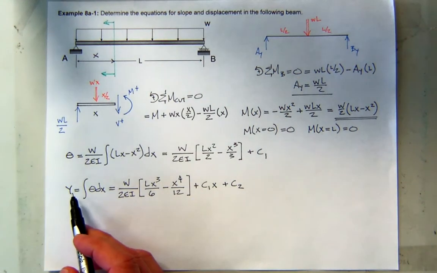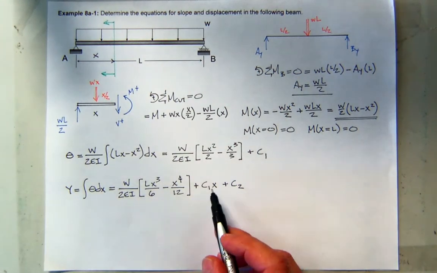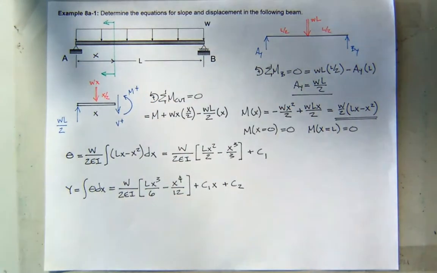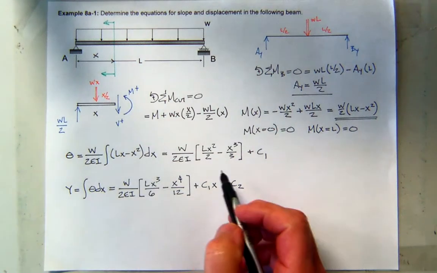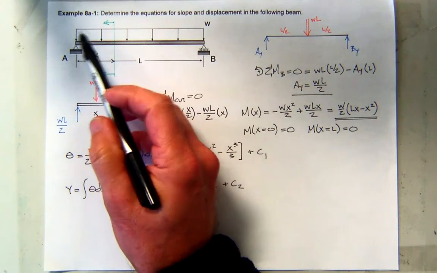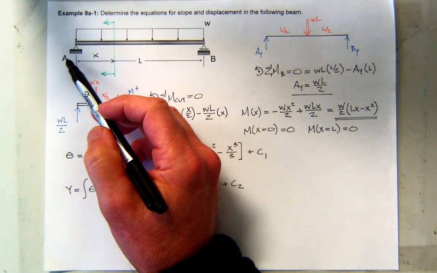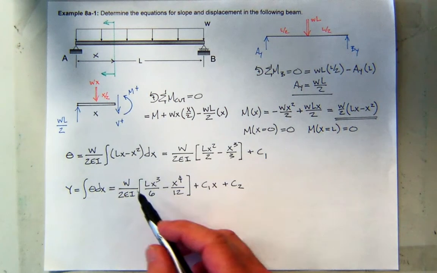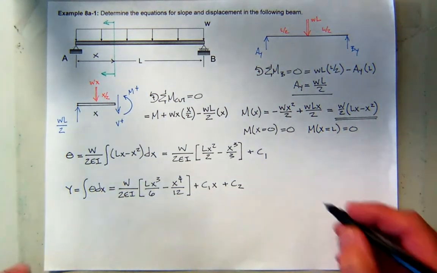So now I have one expression for my displacement in terms of two constants, but I have two boundary conditions. Let's apply those. It's probably a good idea to always apply the one that occurs at x equals 0 if you have that opportunity, because when you put in x equals 0, a lot of terms in your equation are going to drop out. So I'll do that one first.